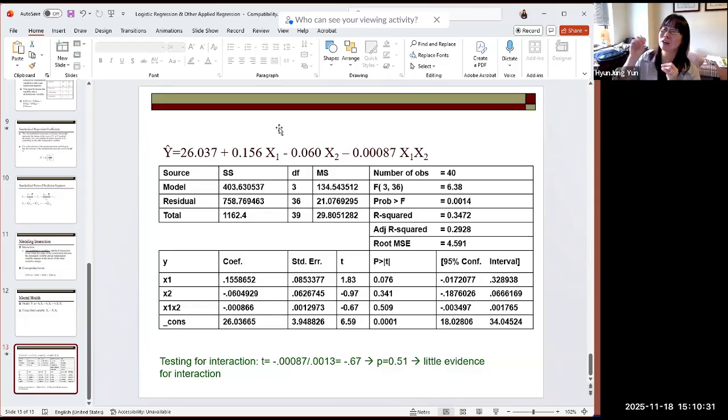So you may want to play with having the interaction term in it, or pull it out, and see the dynamics of the changes in significance. By doing it, sometimes you can produce a beautiful equation model, and sometimes you may leave it out, which may kill all the significance, as in this situation where the interaction term itself is also insignificant. So that's some of the things you need to consider theoretically.